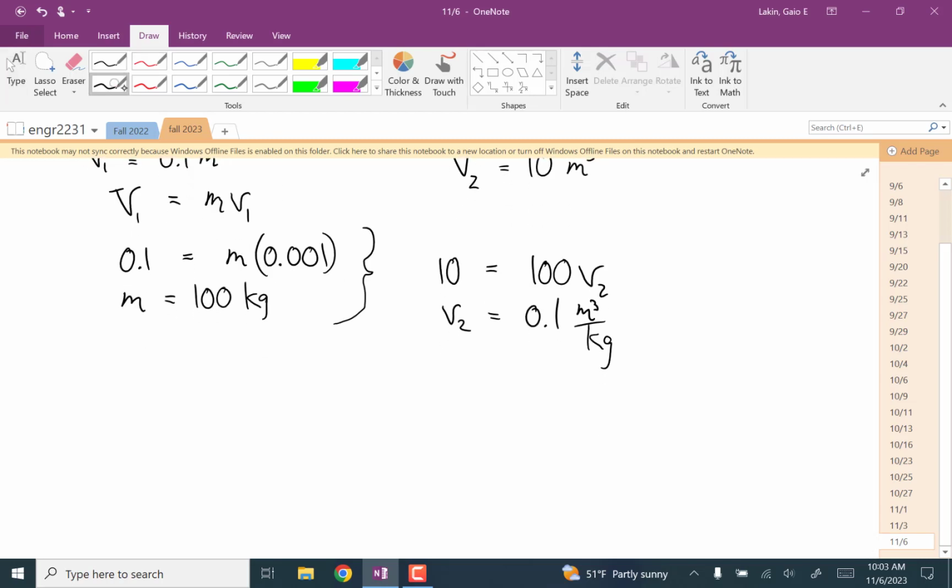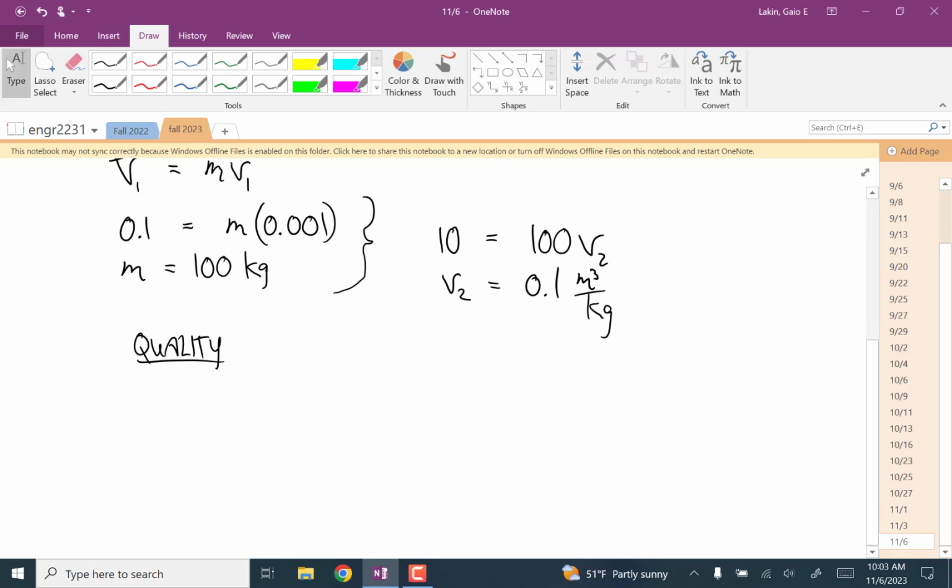Now we can use the quality equation. So quality says for any property, the actual specific volume is equal to X times the specific volume in the gas form plus 1 minus X times the specific volume in the liquid form.